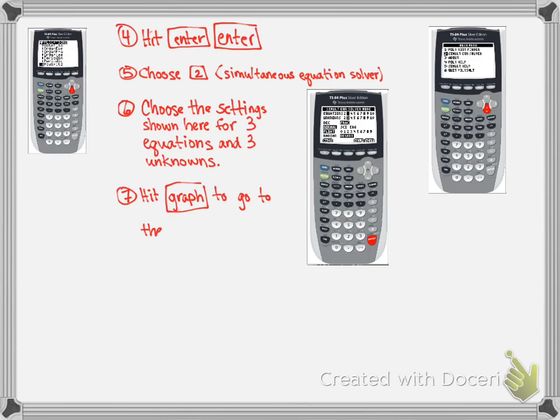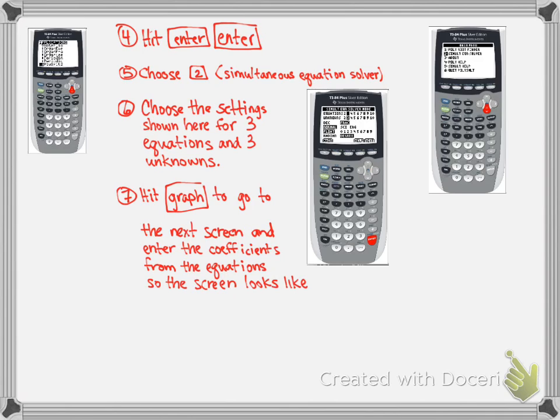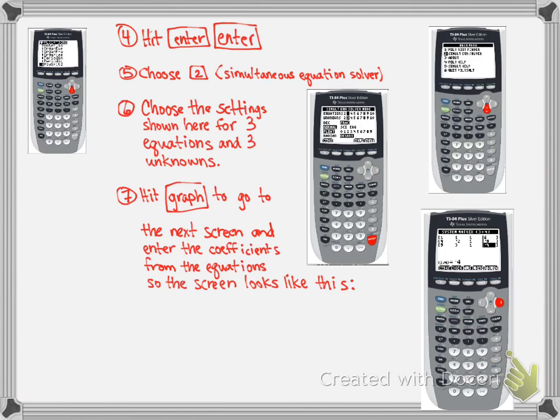Number 7, hit the graph button, which corresponds to the next screen, and enter the coefficients from the equations. So the screen looks like this. This looks like our augmented matrix that we could also put directly into a matrix.